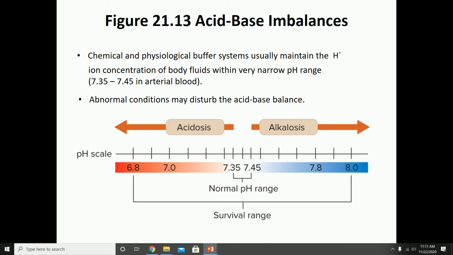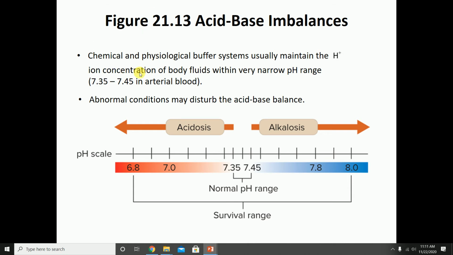We have different buffers in the body, a whole buffer system. There's a first line of buffering system, and if that doesn't help, then we would move on to the second line of buffers, which we'll talk about in the next slide or two.